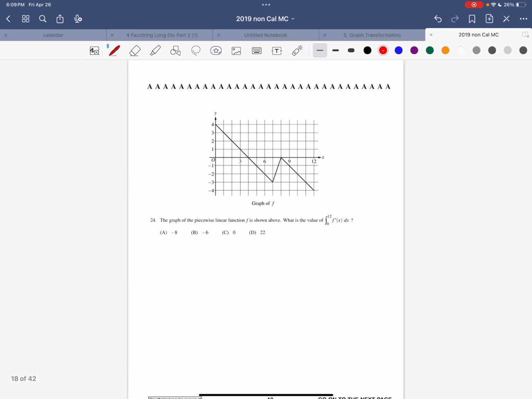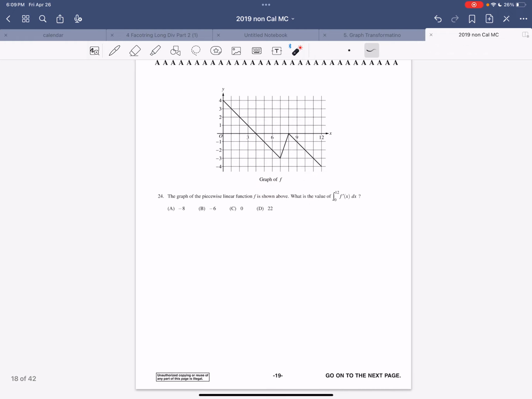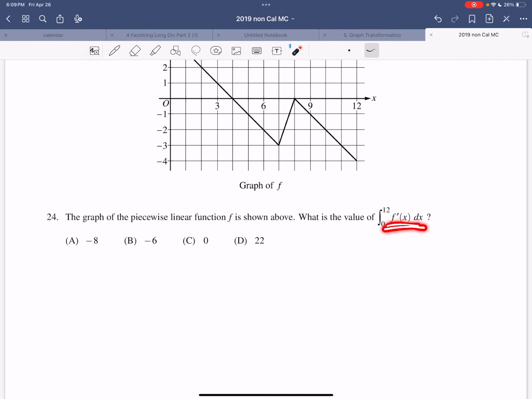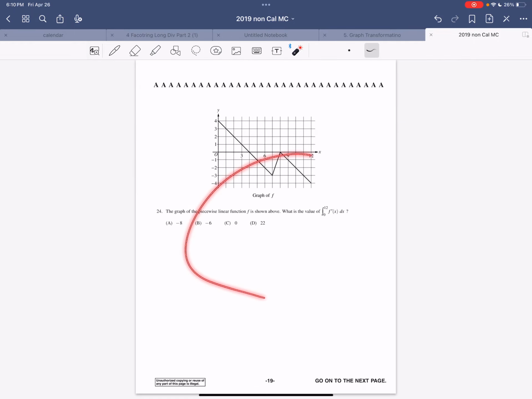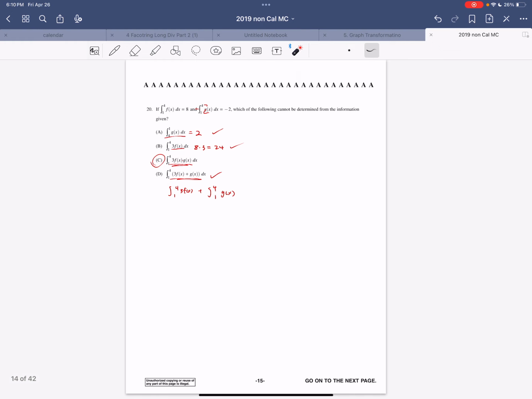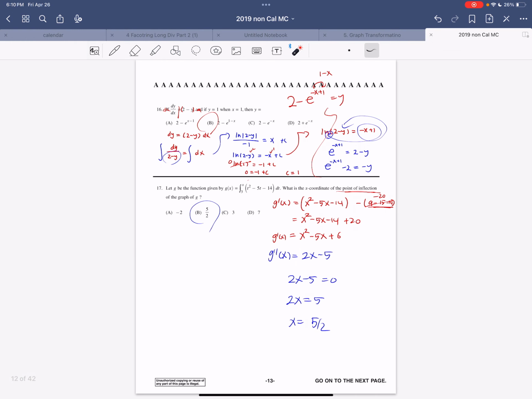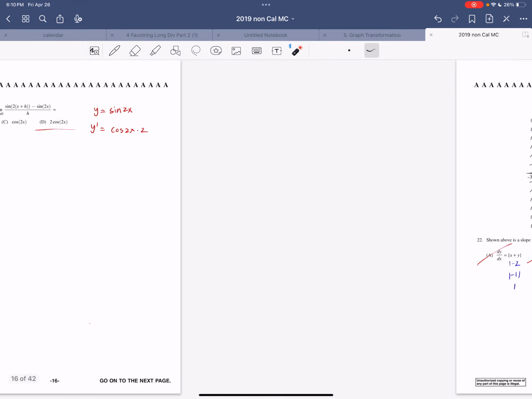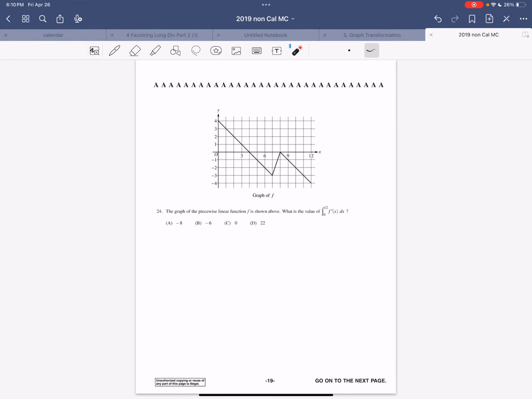Now, question number 24. Oh, it's simple. What is the value of this going to be? This is a regular graph. You're going to anti-derive the first one, right? This is the same question as the one I just did, which I did not explain well, like this portion. Try to understand this one if you actually do it.